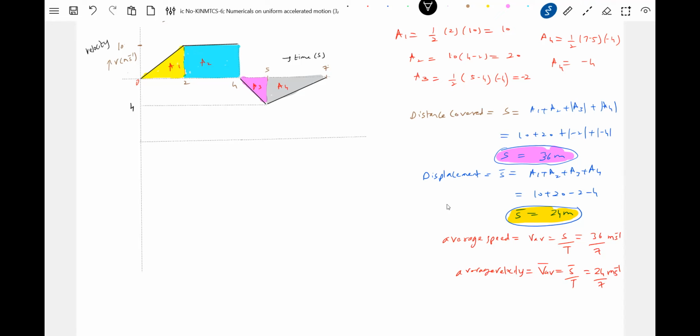It will move 10 meter for 2 seconds, I'll show it here. Then it will move another 20 meter. Afterwards, it will move 2 meter, then 4 meter. So how much distance will this be? 2 meter.